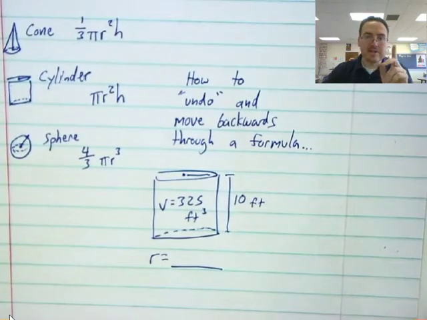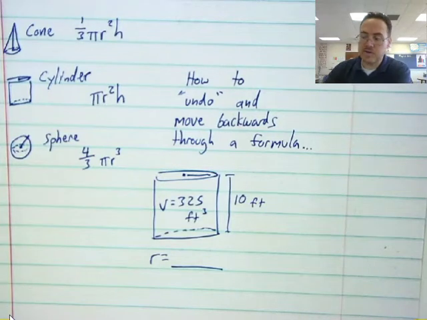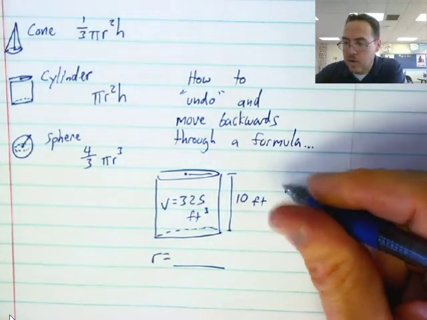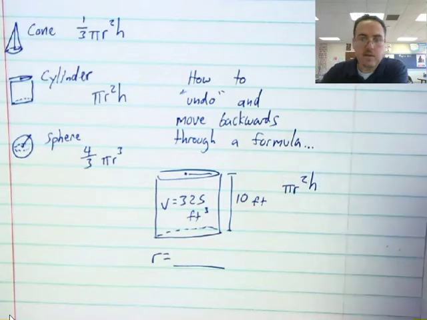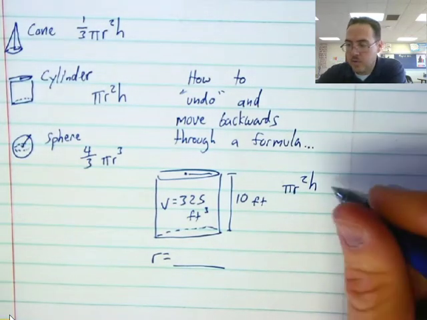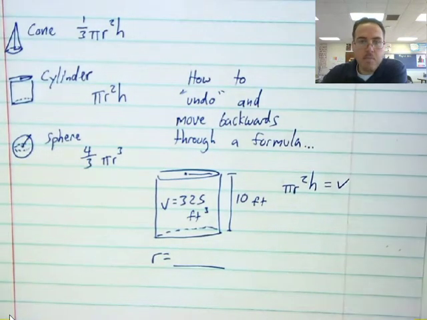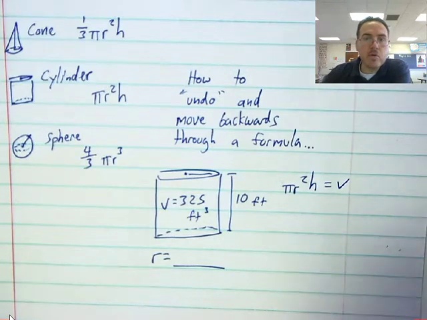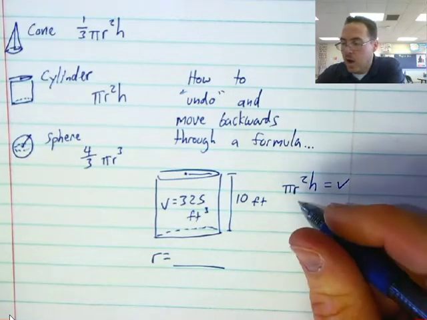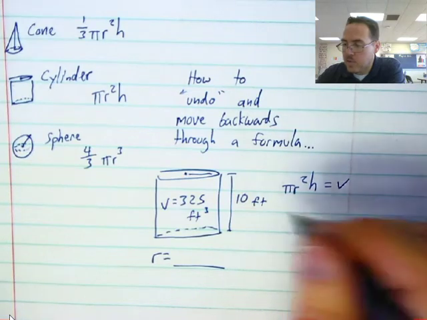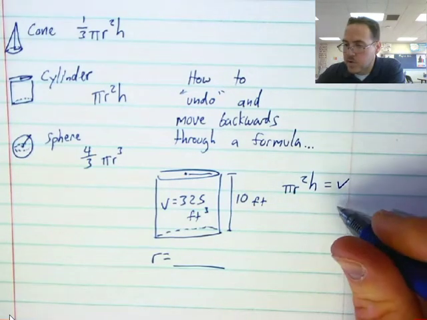So you will still start with the formula for a cylinder, which is pi r squared times the height. That's the volume. So now we're going to replace things that we know. For instance, we know that the volume is 325.